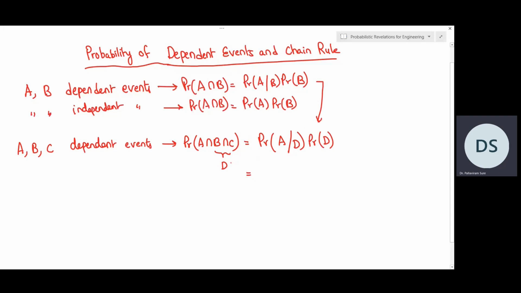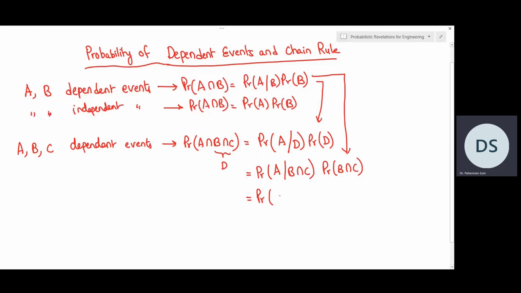So next, let us substitute what is D. So that is probability of A given B intersection C multiplied by probability of B intersection C. Now let us apply this rule once again for this expansion.